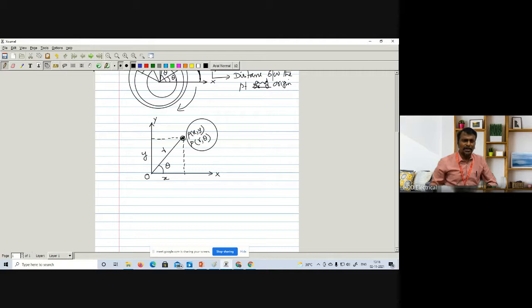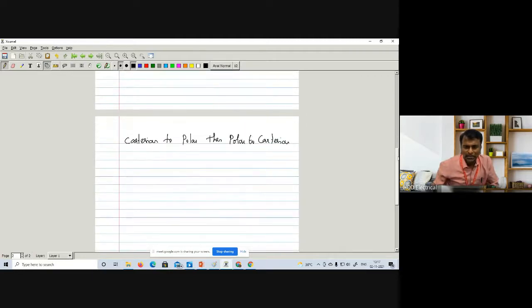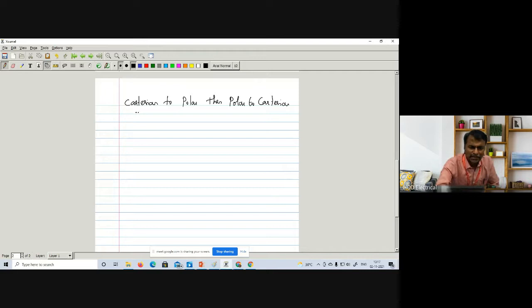Then on the next page, I am going to explain how one can convert Cartesian to polar coordinates, then polar to Cartesian coordinates. From the previous page, we come to know the Cartesian coordinates are x comma y, and the polar coordinates are r comma theta.